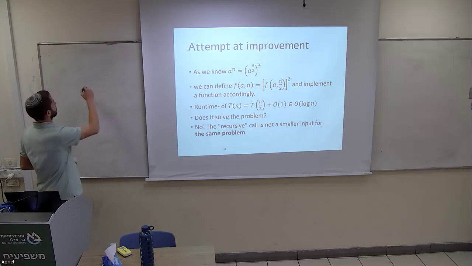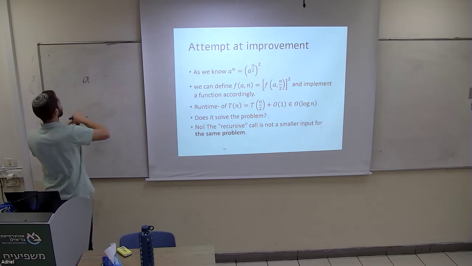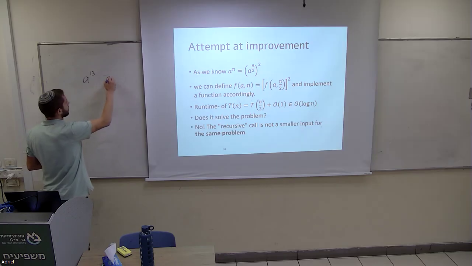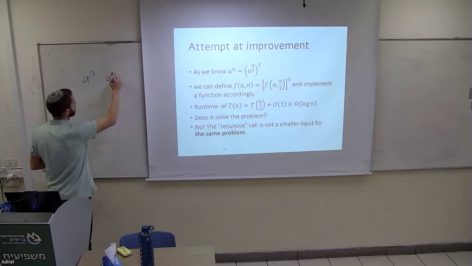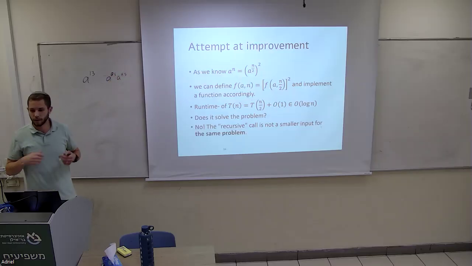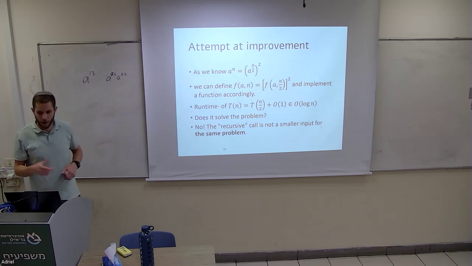If we have a to the power of, let's say, 13, that gives a to the power of 6.5 times a to the power of 6.5. We can't recursively call that because it's not the same problem that we started with.